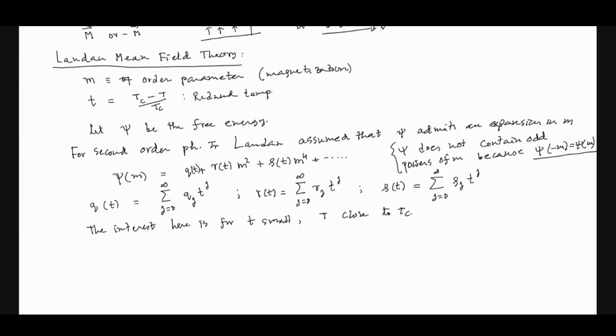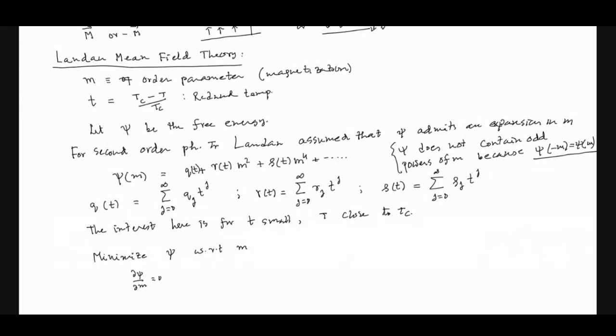So minimize psi with respect to m. If you try to minimize that, then of course you have to take d psi by dm equal to 0.